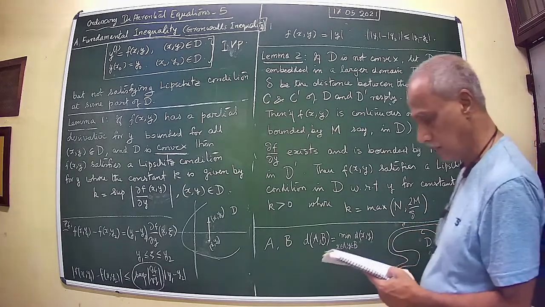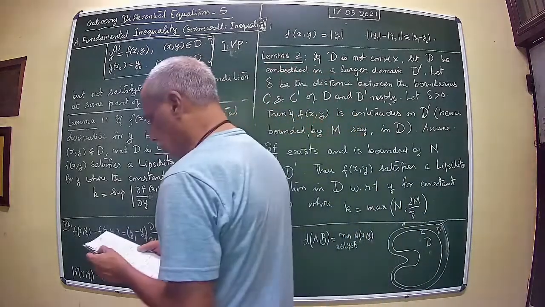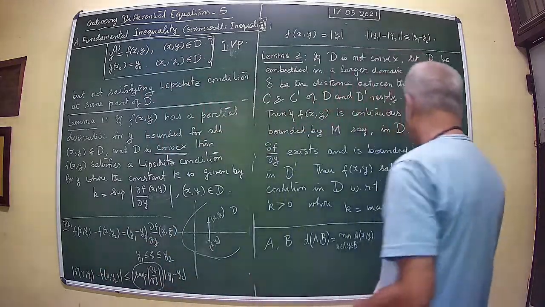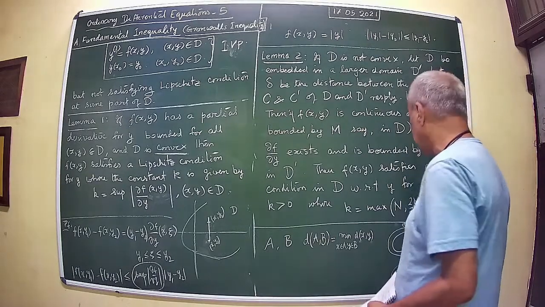So here we are looking for the distance between C and C prime. What you do is you take a point P on C and P prime on C prime.